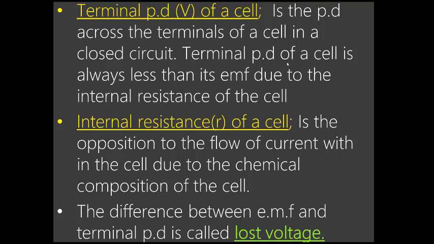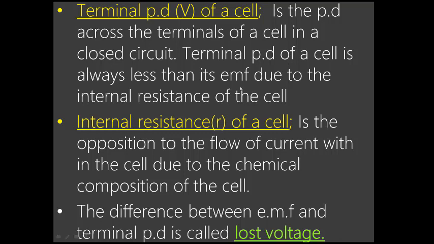Now remember that cells have chemicals in them. Because of those chemicals, there is always opposition to the flow of current through the cell itself or through the battery, and that's what we call the internal resistance, the opposition to the flow of current within the cell or offered by the cell due to the chemical composition of the cell.